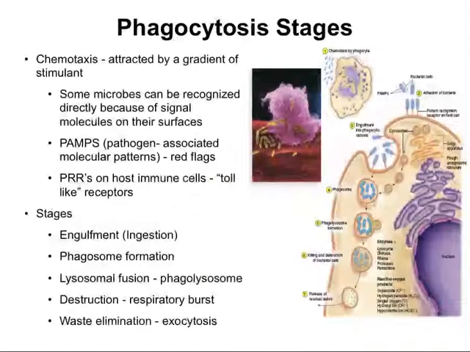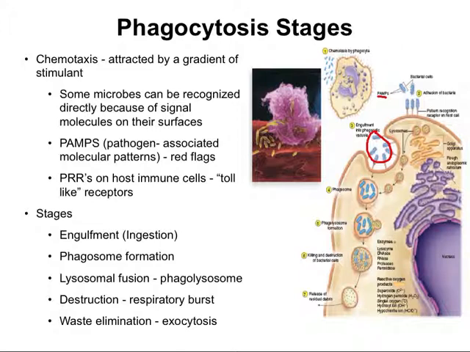Pretty neat system. Now, as for the stages of phagocytosis themselves, we have the engulfment or ingestion phase. This phase may involve PAMPs and that kind of recognition, but either way, we'll finally have engulfment of the pathogens into a vacuole. This vacuole is now called a phagosome.